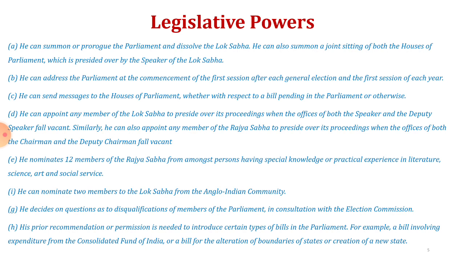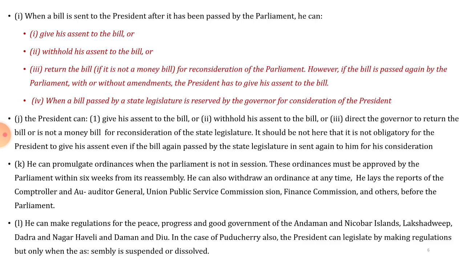For example, a bill involving expenditure from the Consolidated Fund of India, or a bill for alteration of boundaries of the state or creation of a new state. So the creation of a new state and the alteration of boundaries, all the rights are reserved with the president. So these are the certain legislative powers.